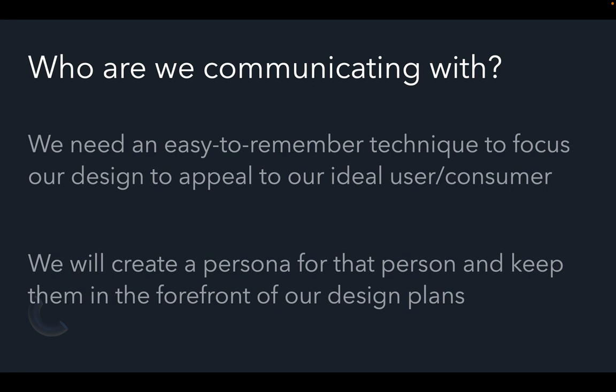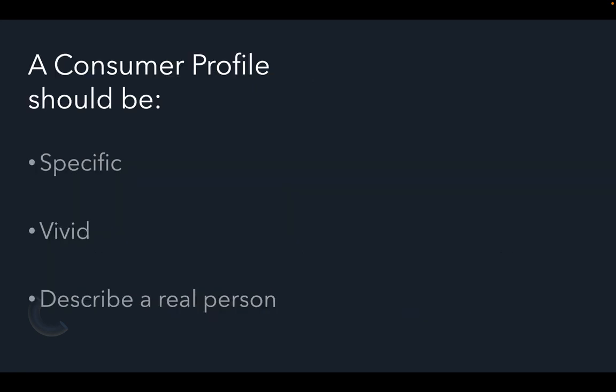So you might have that as your target consumer. However, with just such a vague description, we're going to forget that, and it's really difficult to remember it. Instead, if we create a persona for this consumer, we're going to be able to remember it a lot better. And we'll talk more about that in a second.